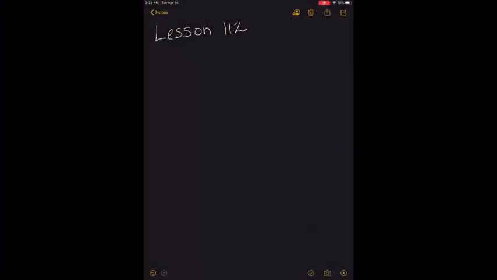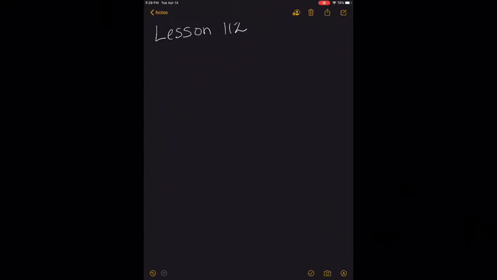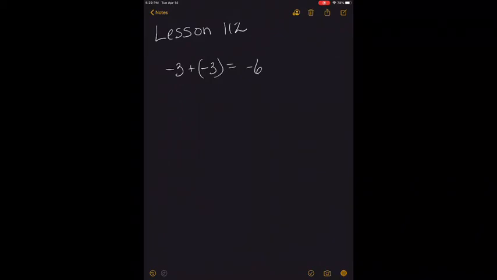Lesson 112 is about multiplying and dividing integers. So, in other words, we're going to be multiplying and dividing with positive and negative numbers. So, we know that when we add negative numbers, so let's say negative 3 plus negative 3, we'll get negative 6.